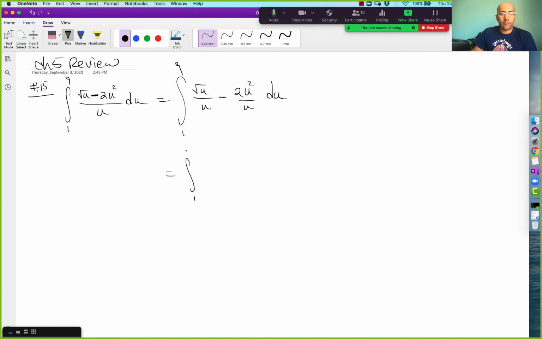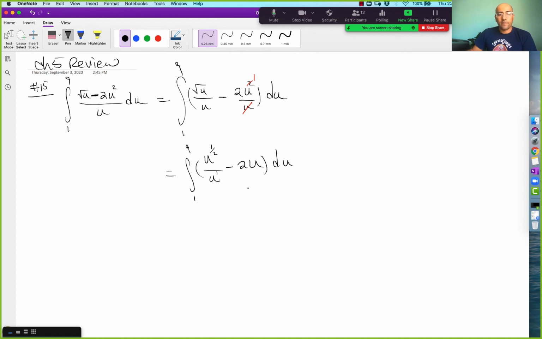This is the integral from 1 to 9 of u to the 1/2 power divided by u to the 1 power, minus, and then here we can already cancel one of these guys, right? This reduces with that to give you a 1. So we can just have a 2u du, and all of this is being applied by that du.